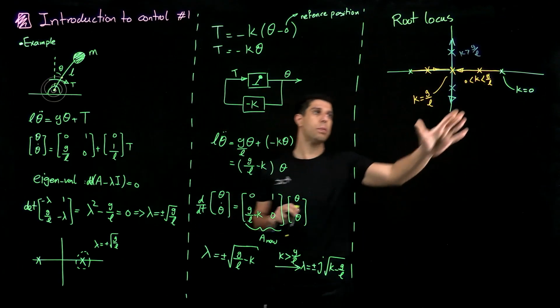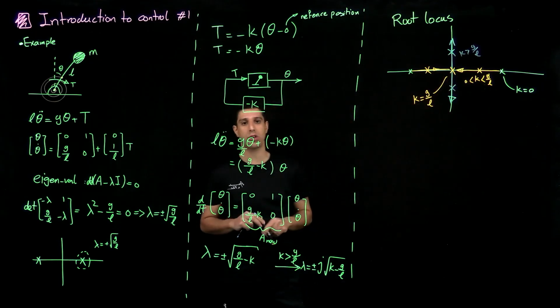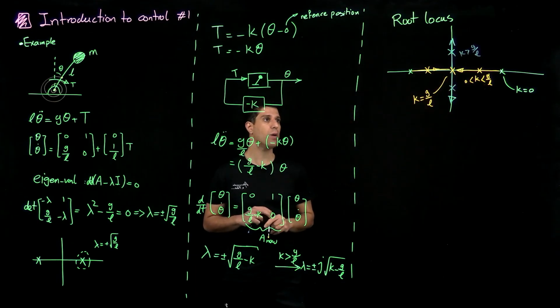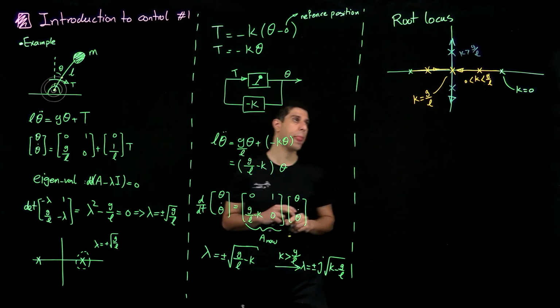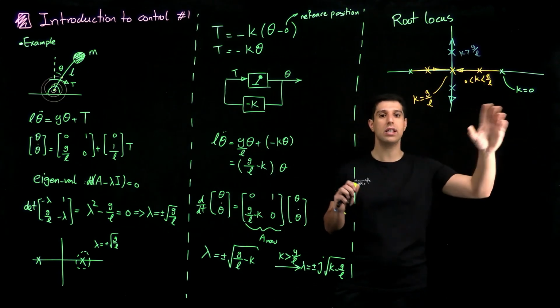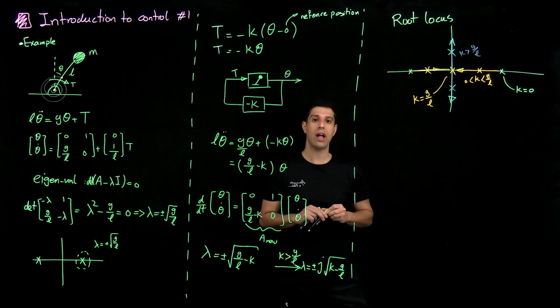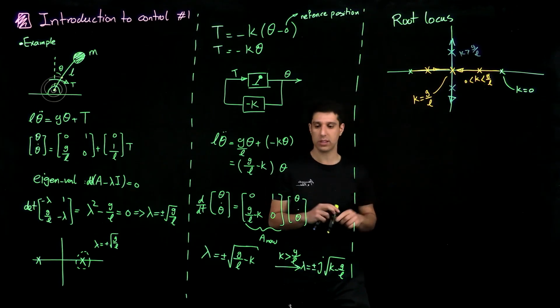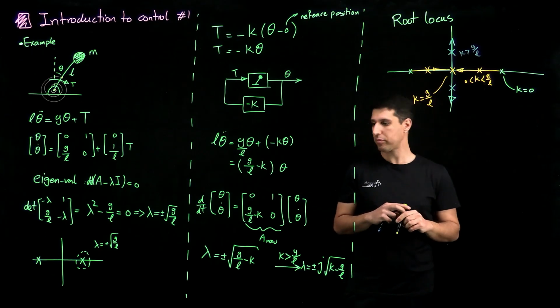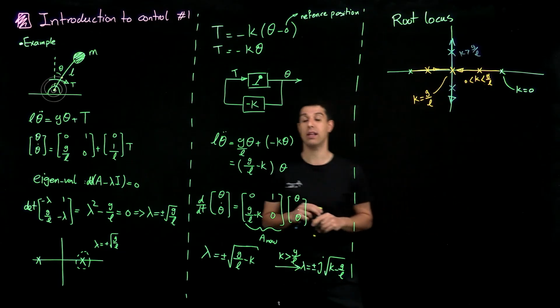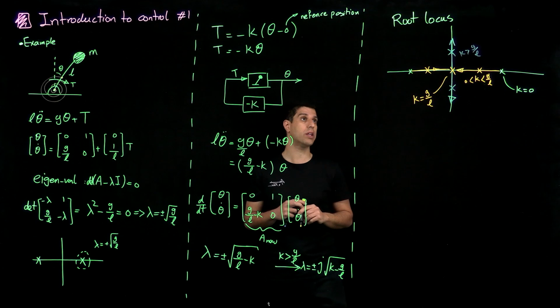This is a very powerful graphical description of how the system behaves under the influence of a controller. And you can visually see what are the good values of your K such that your system behaves the way you want it to behave.